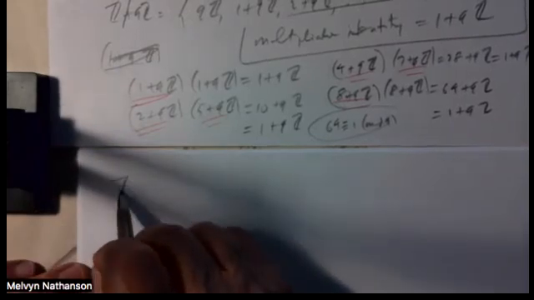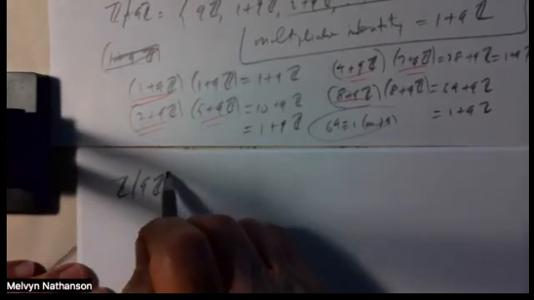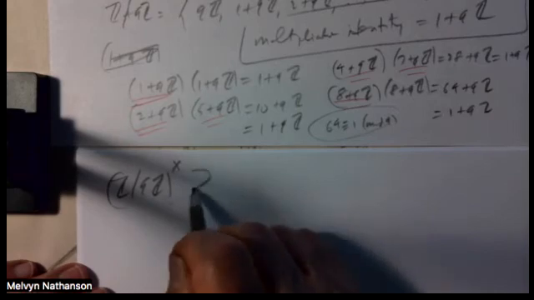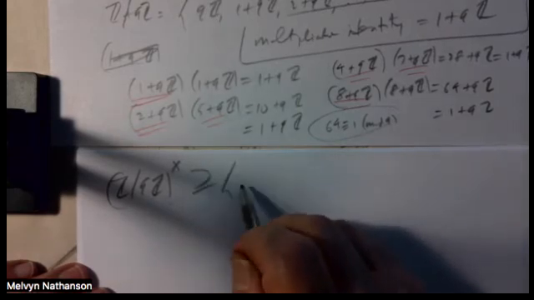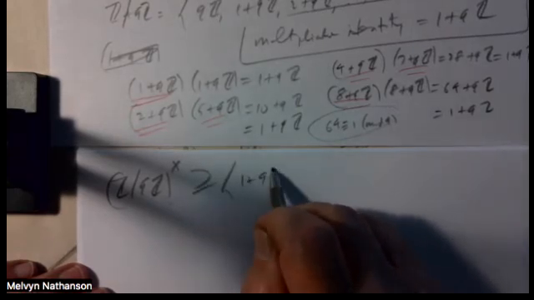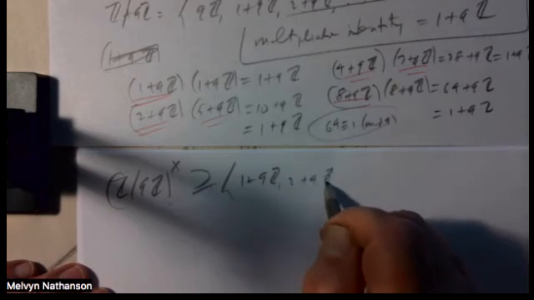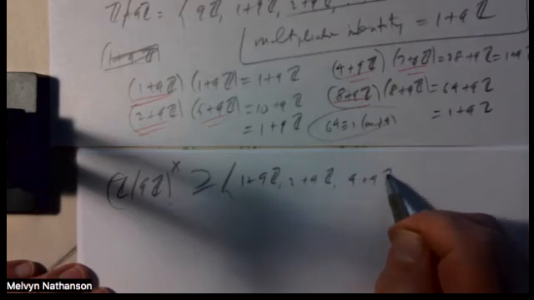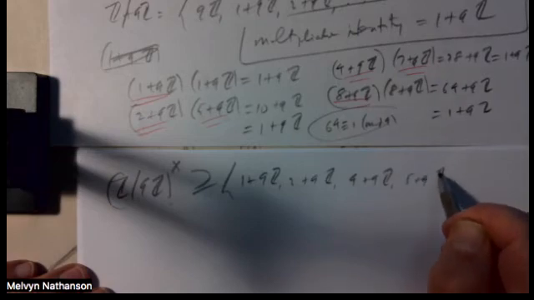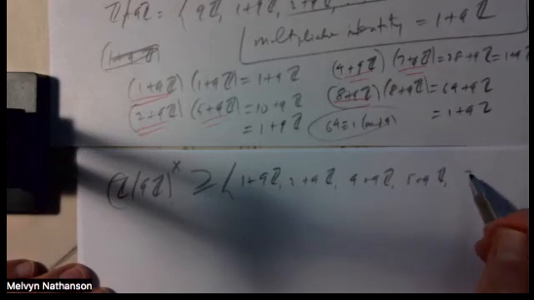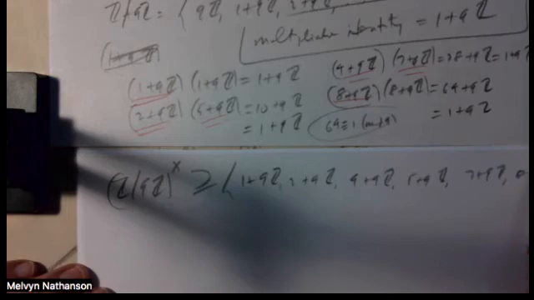So this calculation shows that in Z mod 9Z, the group of units certainly contains the congruence classes 1 plus 9Z, 2 plus 9Z, 4 plus 9Z, 5 plus 9Z, 7 plus 9Z, and 8 plus 9Z, those 6 congruence classes.